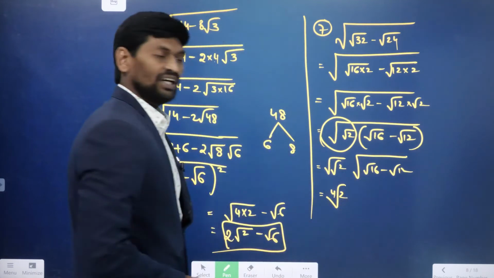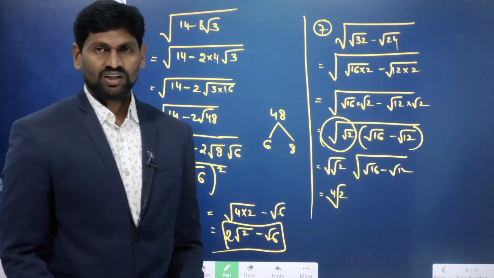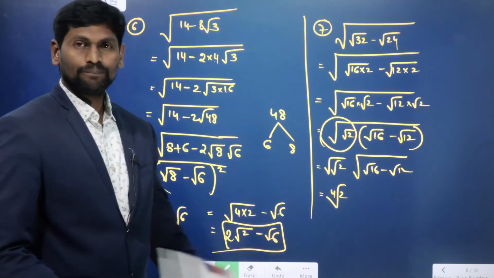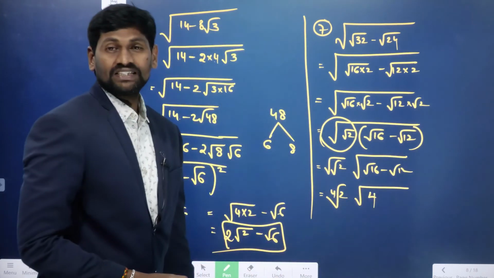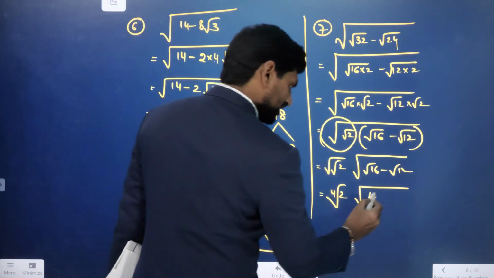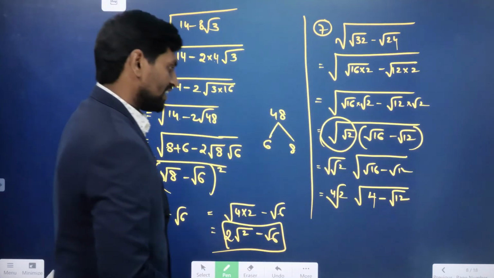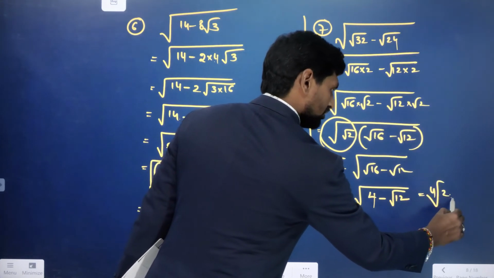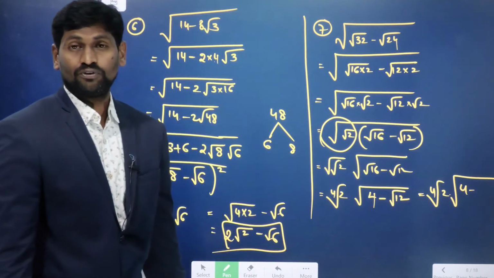Now we have to find the square root of root 16 minus root 12. Okay na? Root 16 minus root 12. So let us try to check the possible values here. Root 16 means 4, because 16 is a square number. 4 4s are 16. Square and root cancel. 4 minus root 12. Like previously, we can write fourth root 2 into the square root of 4 minus 12, which I can write as 3 4s.